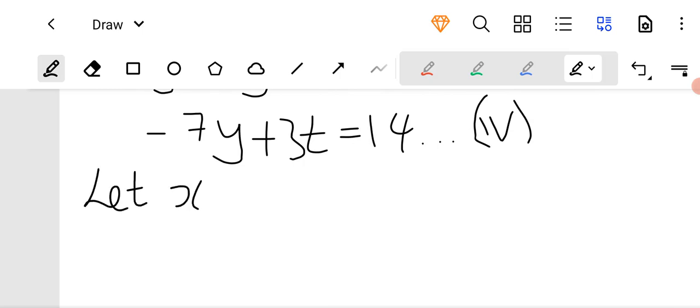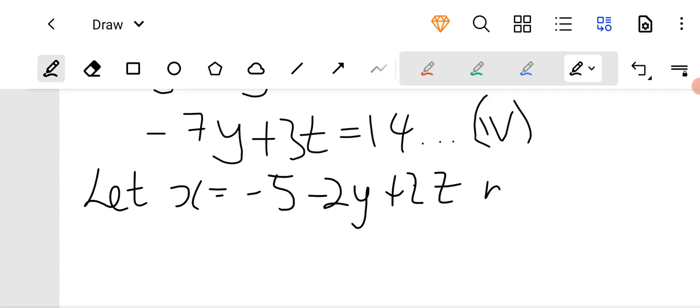Let x be equal to negative 5 minus 2y plus 2z in equation 3.